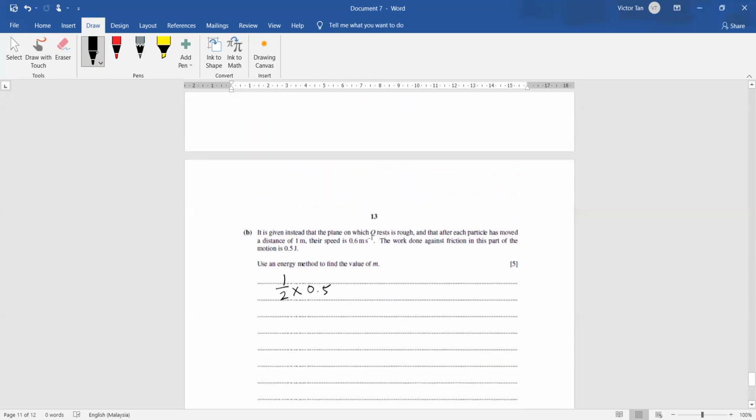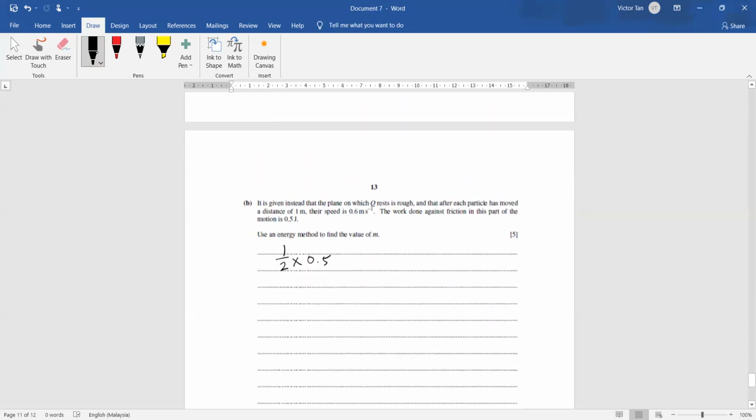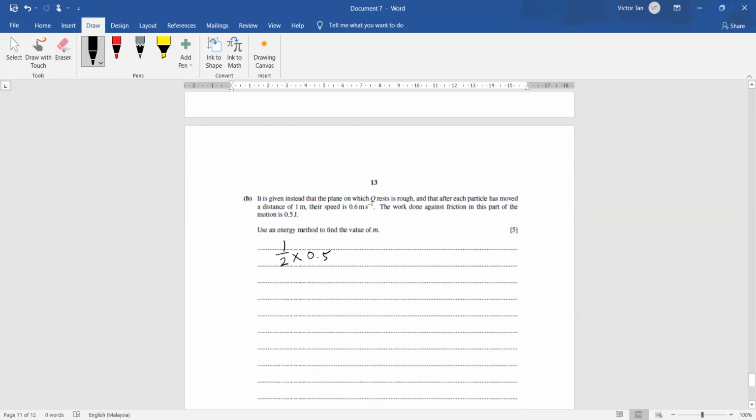This is the question. So you've got to explain a bit about this question. This question is not a simple question. Let's draw the diagram first. So here this is Q. Let's move up 1 meter.